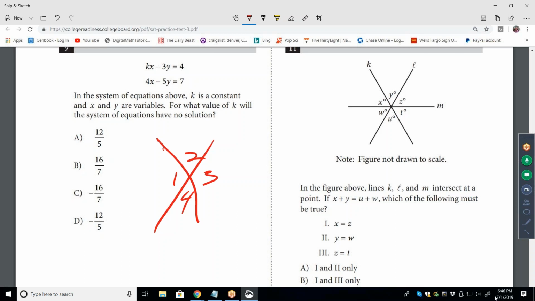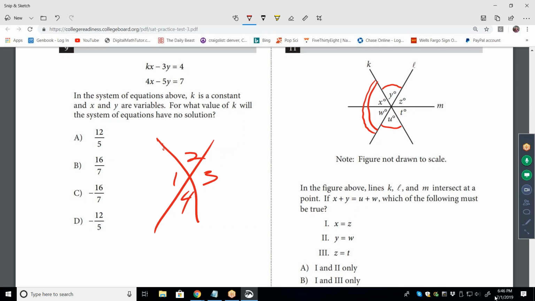So, y is equal to u. Correct? That's one set of vertical angles that I have. And I can tell also that another set of vertical angles is x plus w has to equal what?